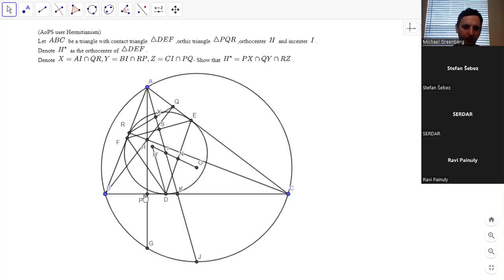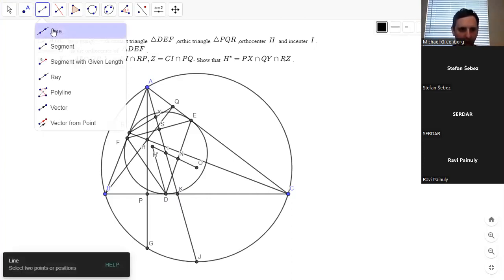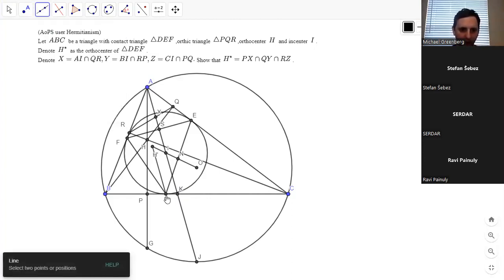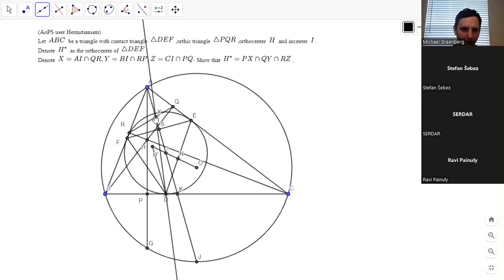Let's see. Is there anything special about DX, that line?